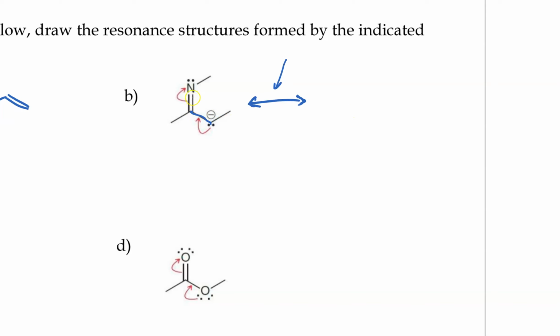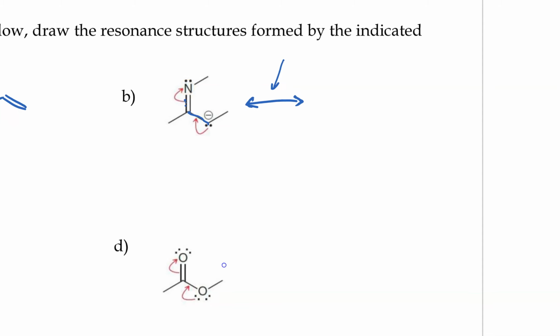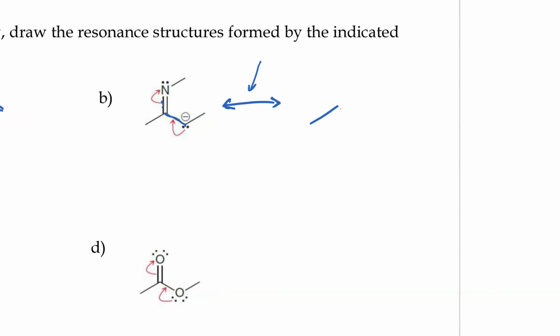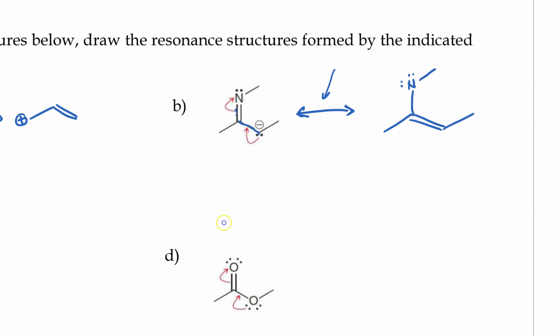And this double bond right here would be broken, and the electron in this pi bond will be going to the nitrogen as a lone pair of electrons. So the nitrogen will then have two lone pairs of electrons on it.